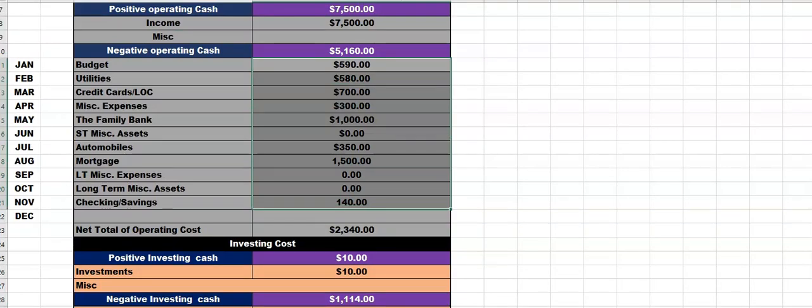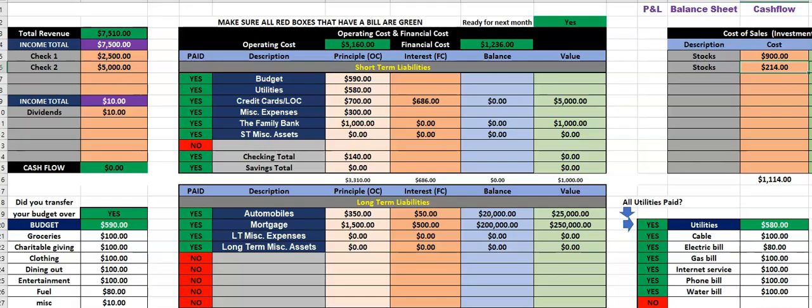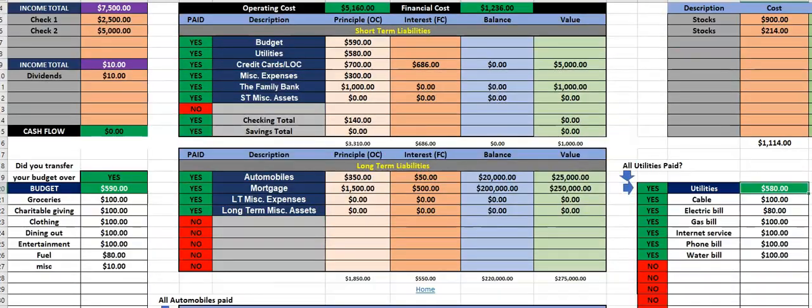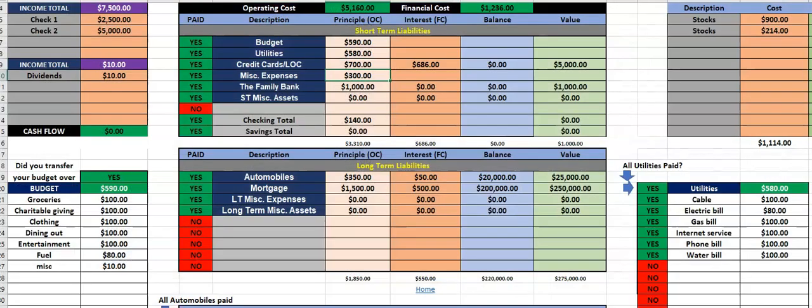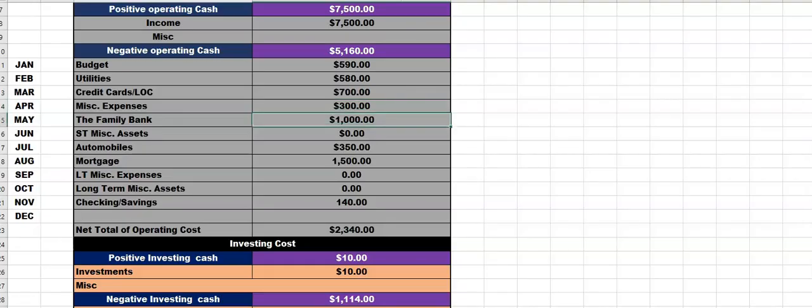This total budget, utilities, credit cards: the budget 590, utilities 580, credit cards 700. That miscellaneous expense, that was the mess up from earlier, $300 is right here. Family bank, 1,000, checking 140, 1,000 in a family bank. Checking and savings is the 140.